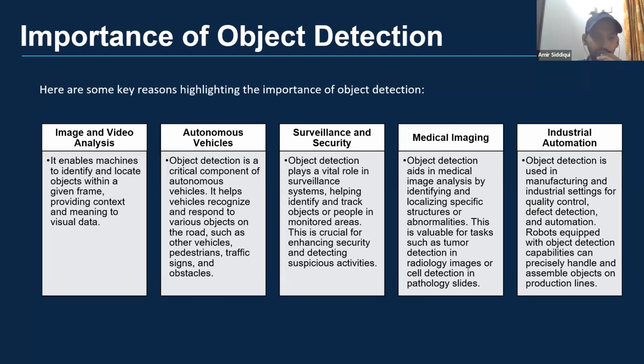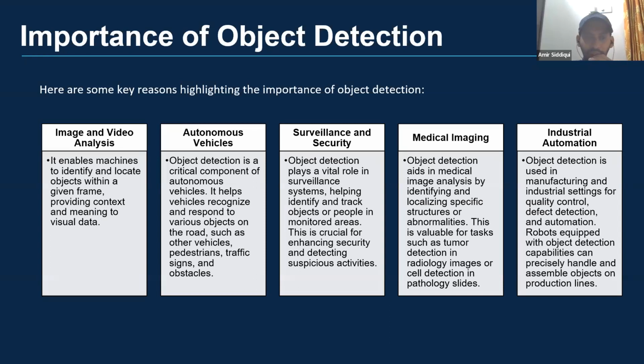Similarly, for any person who is walking on the road or crossing a road, and then signals, we have the traffic signal, so we train this model, so the car will see that now the light is red, so I have to stop. Everything you heard about autonomous vehicles is based on object detection. We train our model and fit it into the car, and then this car goes on the road without a driver.